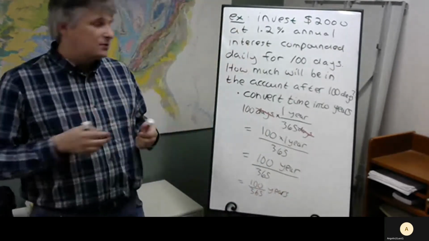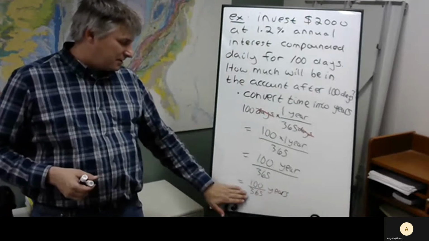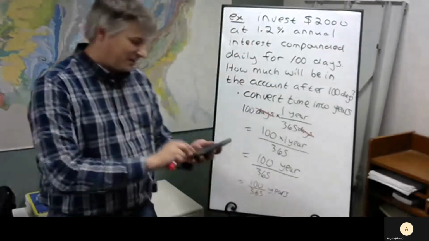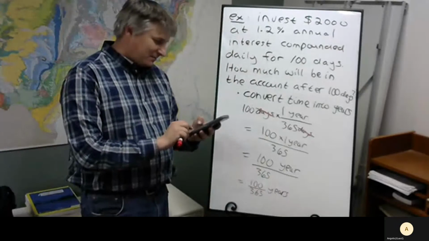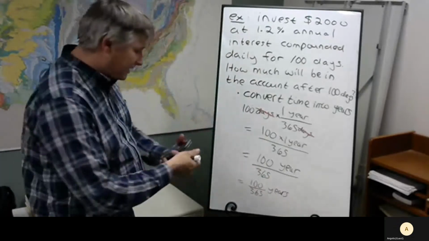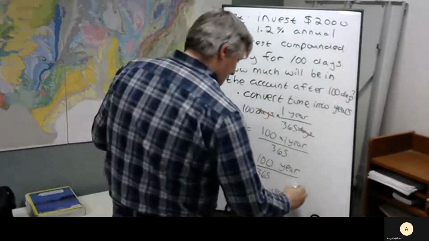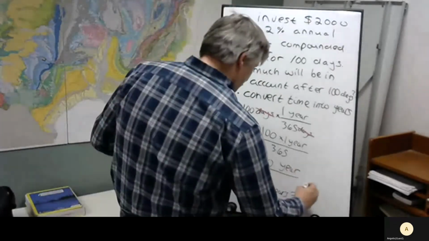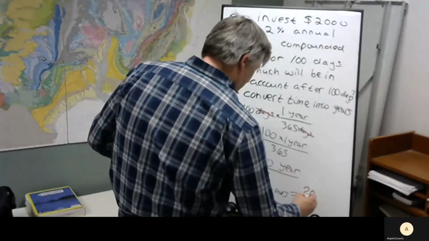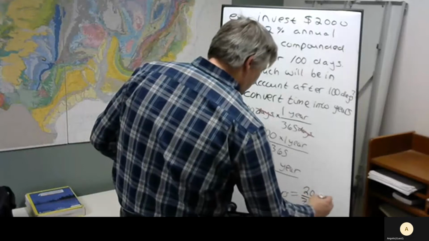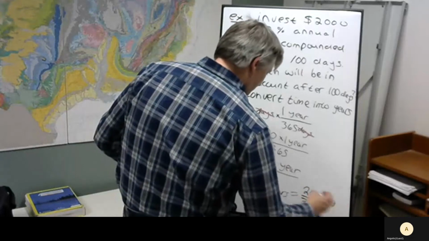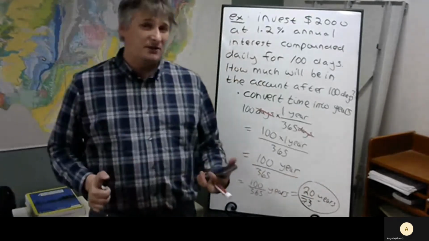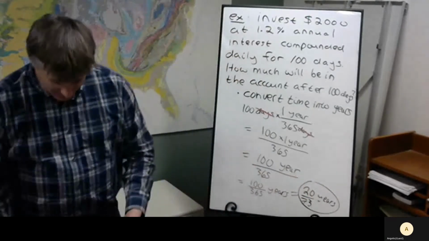But we need to do this conversion from days to years. Oh, I want to reduce that. Top and bottom are divisible by 5. So if you divide top and bottom by 5, you'll get 20 over 73 years. So we get a fraction of a year is what we're actually getting.